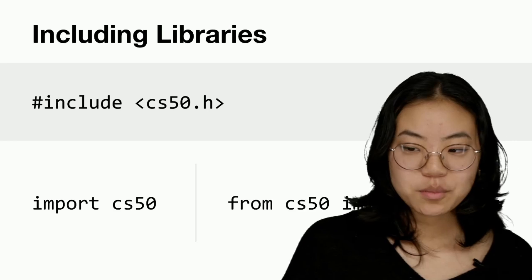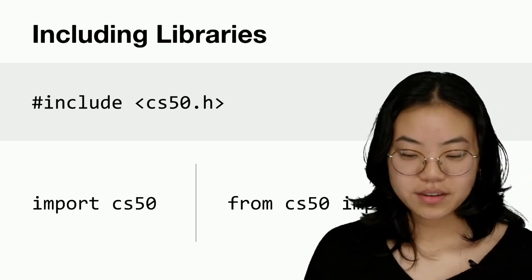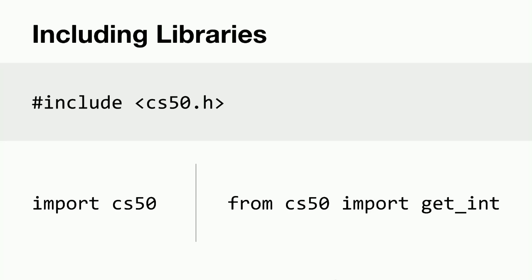Okay, so a few more functionalities that we have in Python parallel to C. In C, we were including libraries, like we remember. CS50.h was one of our libraries that we included. In Python, we can do a similar sort of thing, but we have 2 ways of importing things from a certain library.